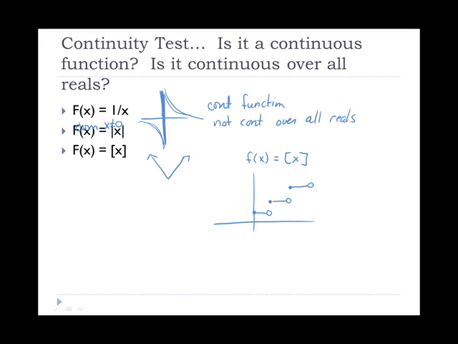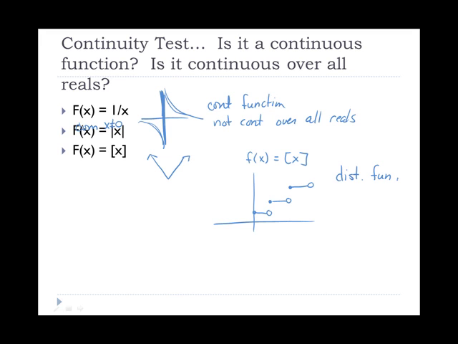And so this is not continuous over its domain because the domain here is all x's. You can do the greatest integer function of all x's. So this is a discontinuous function, and therefore it's also discontinuous over all reals.